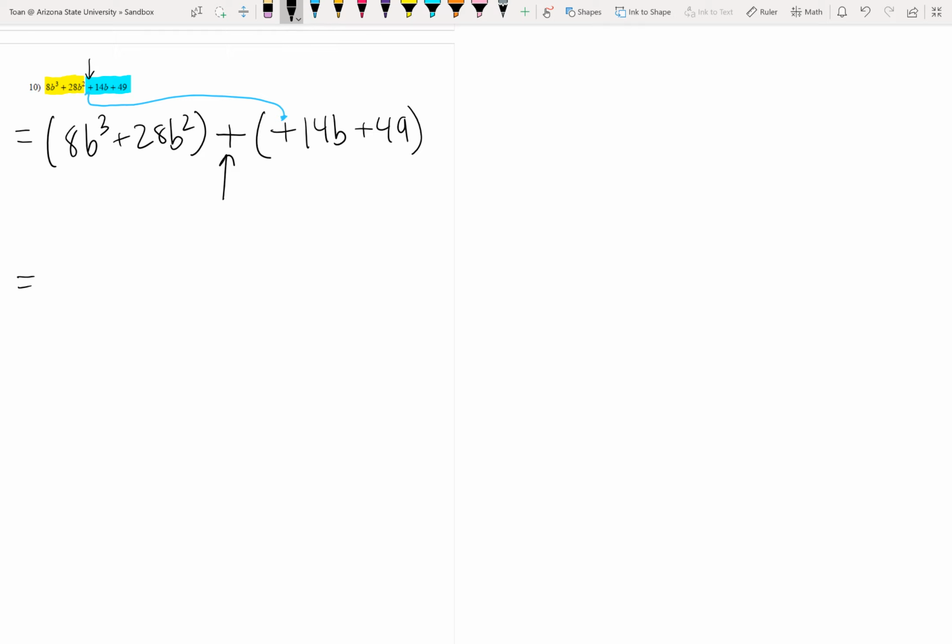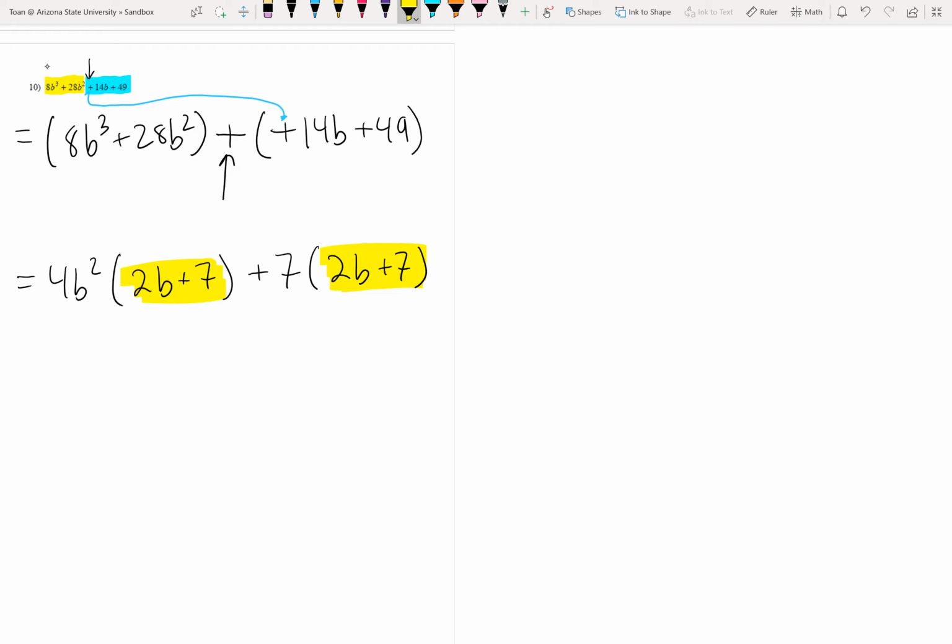And then once you separate it into 2 smaller pieces, the name of the game is GCF, factor out the greatest common factor. So from the first set, I can factor out a 4b squared, leaving behind a 2b plus 7. And in the second set, I can factor out just a 7, it looks like, leaving behind a 2b plus 7. Notice that these 2 parentheses are the same.